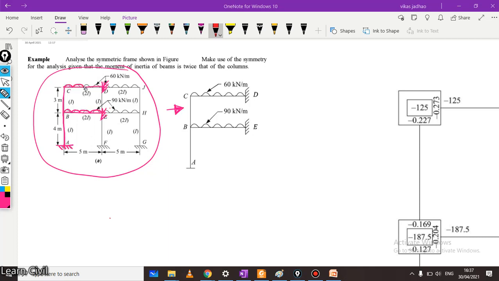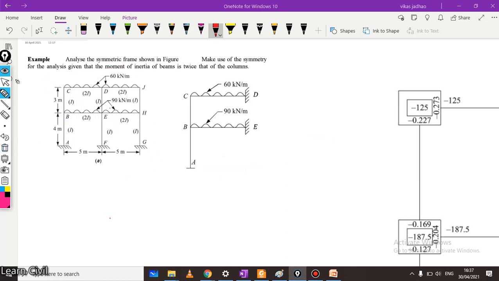For the remaining portion, the bending moment will be a replica of whatever bending moment is there for this particular frame A, B, C, D, E. So this will be your equivalent frame, and we will analyze this equivalent frame.